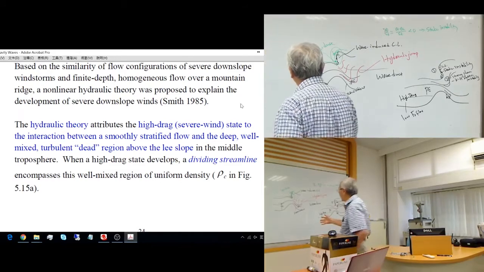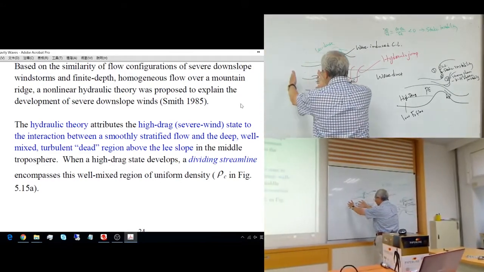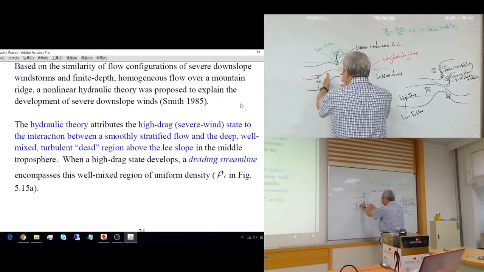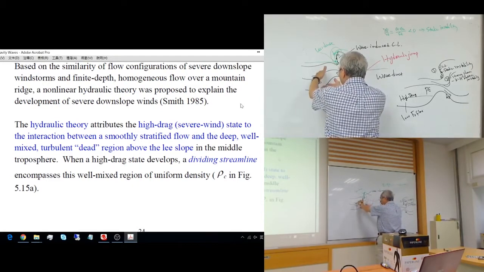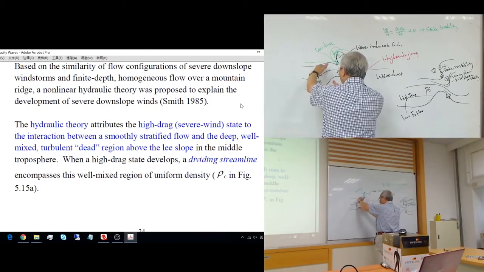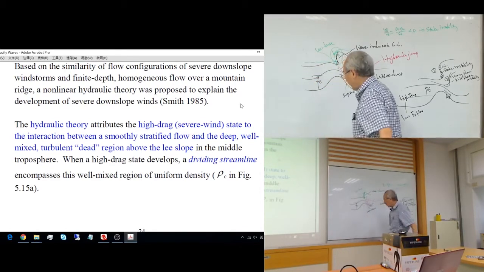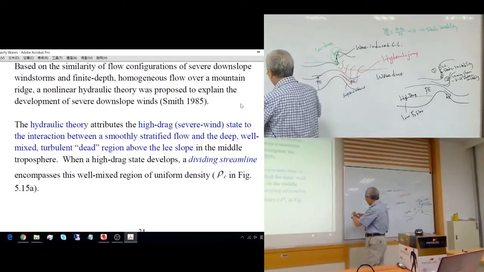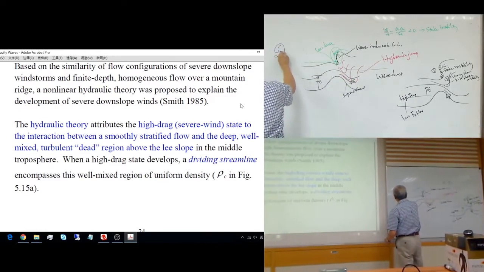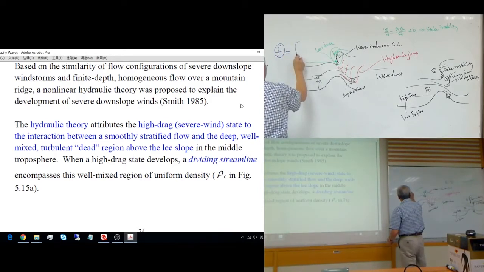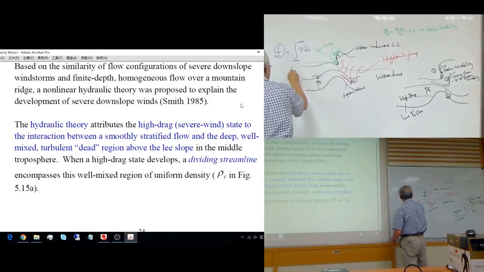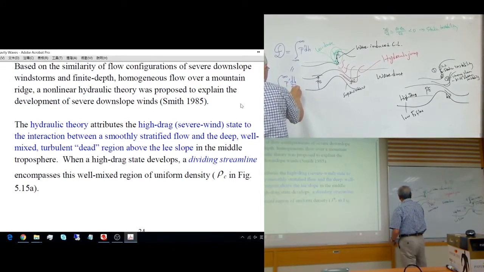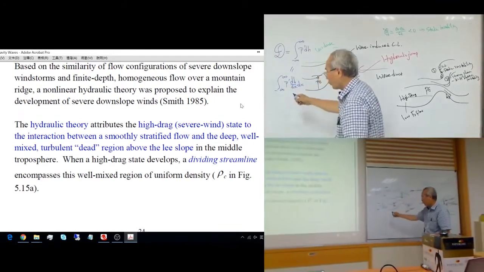That means you have a strong pressure gradient force pushing on the mountain, and then the air accumulates, the airflow goes up, and then drops down, and this is called hydraulic. Remember, drag is the integral from negative infinity to positive infinity of p dh, which equals negative p prime dh/dx. Remember that? That's your strong pressure.